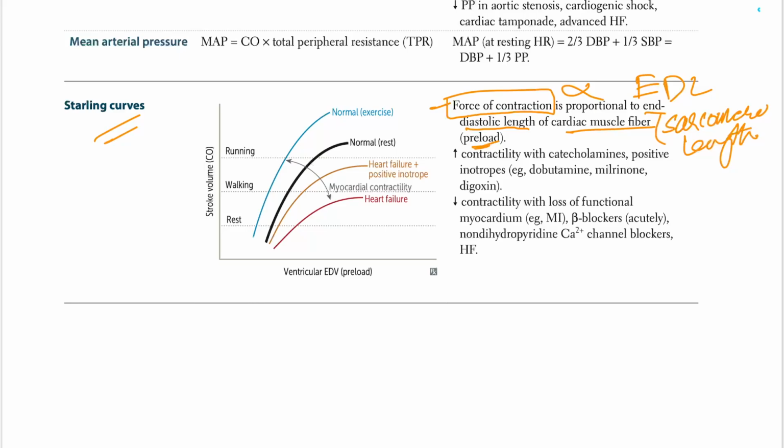So other points to be mentioned here is when you increase the preload, that increased preload stretches the myocardium, and again increases the end diastolic sarcomere length.